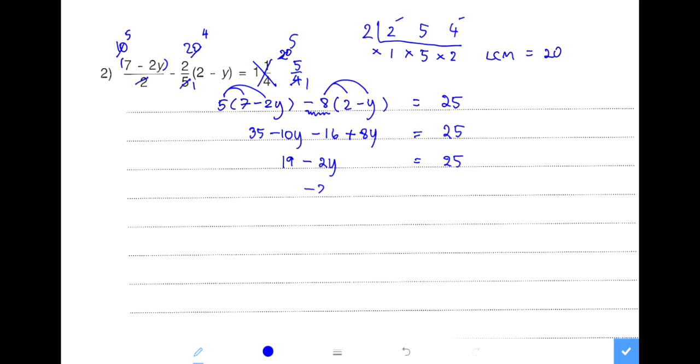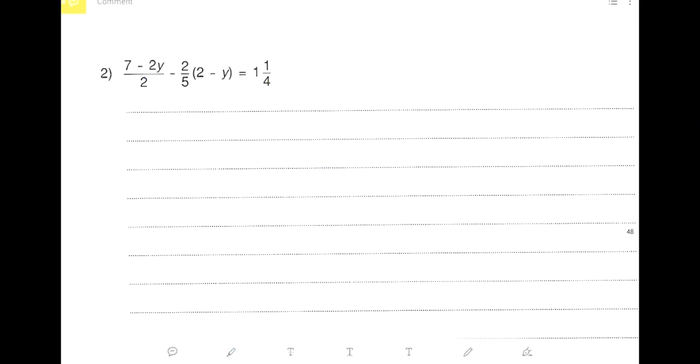So negative 2y is 25 minus 19. So I moved this one there. So that is a 6. And then divide by negative 2. So my y is negative 3. So hard, right? This one. So hard, okay?